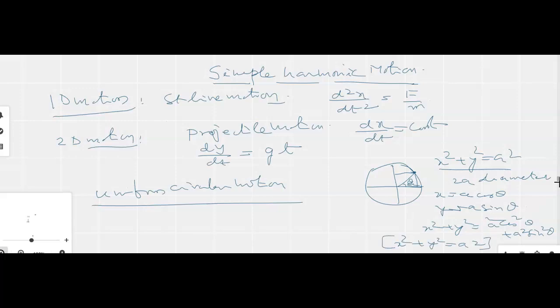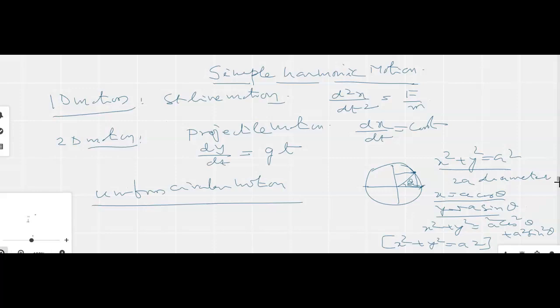So we see that if we know the equations of motion for two one-dimensional motions, we can combine them to get the two-dimensional motion of the object. And here we see the projection on the x-axis or the y-axis. At this point the projection of y is 0, x is a.